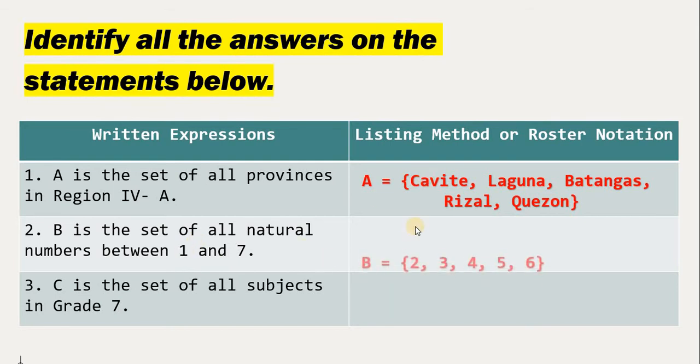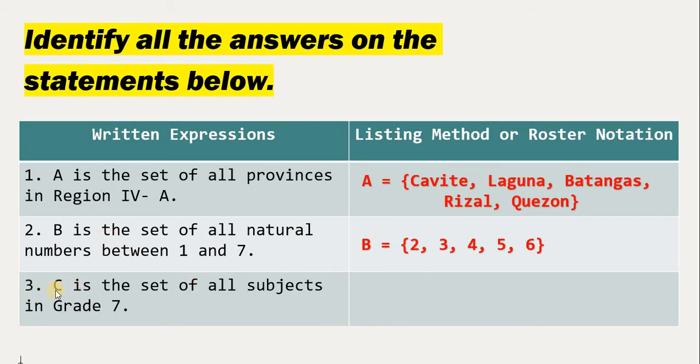So, the answer is B is equal to 2, 3, 4, 5, and 6. Diba? Nasa pagitan ng 1 and 7. Natural numbers. Bakit kailangan sinabi pa natural numbers? Kasi diba kung numbers lang yung sinabi natin dito, pwede nating sabihin ng decimal. Diba? So, marami yun. Kaya dapat specific, well-defined yung ating set.